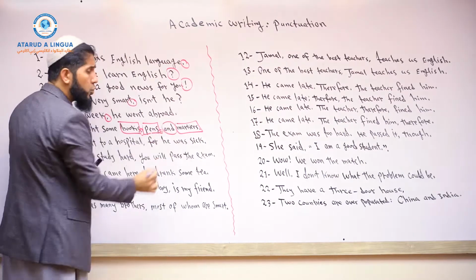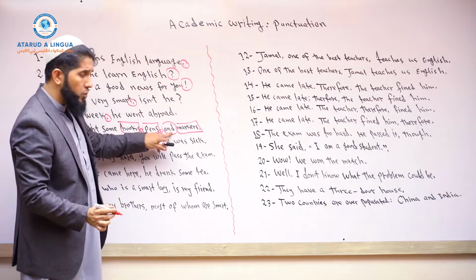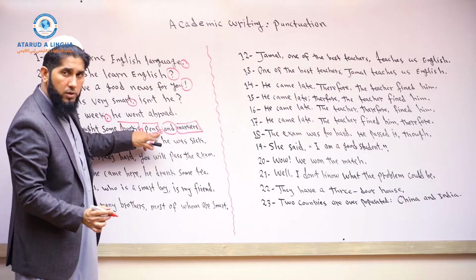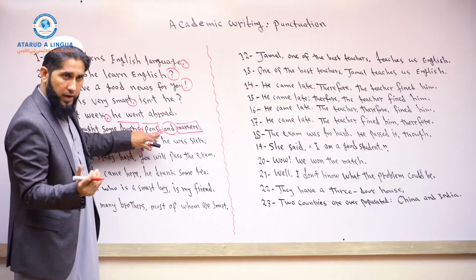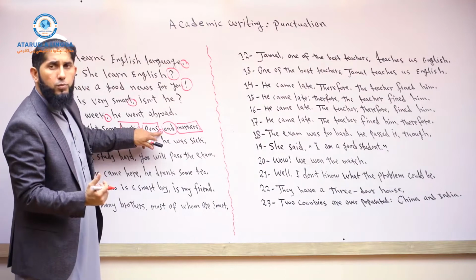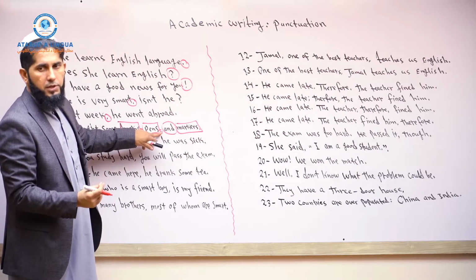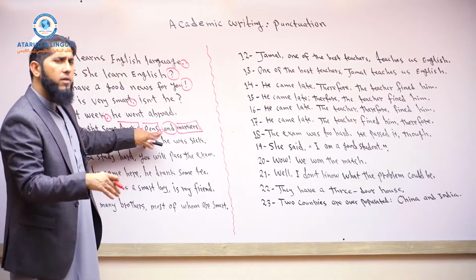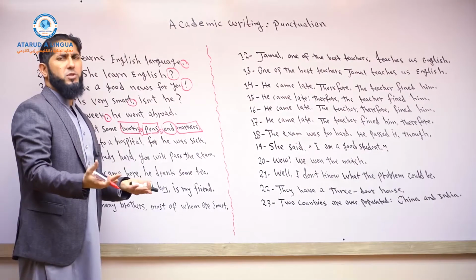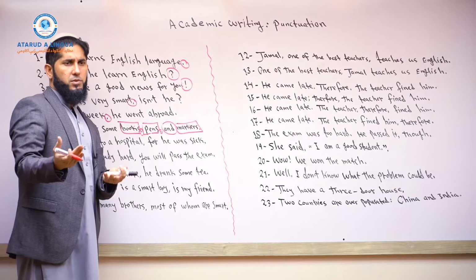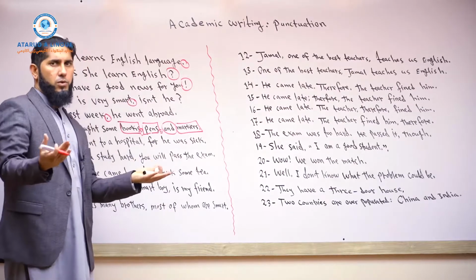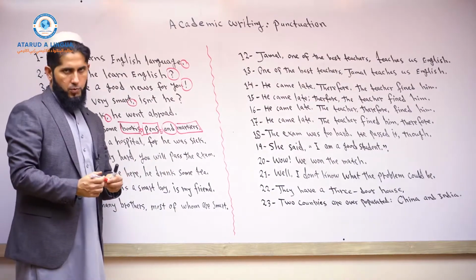Actually, this comma, which comes before the conjunction while bringing a list of items in a sentence, could be optional. Even if you don't use it, it's not a problem. But if it's academic writing, try to use it. Okay, it's more academic to use it. But even if you don't use it, it's still okay, it's still correct. So I hope you got the point.